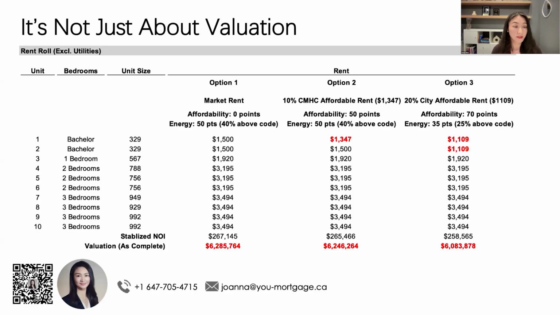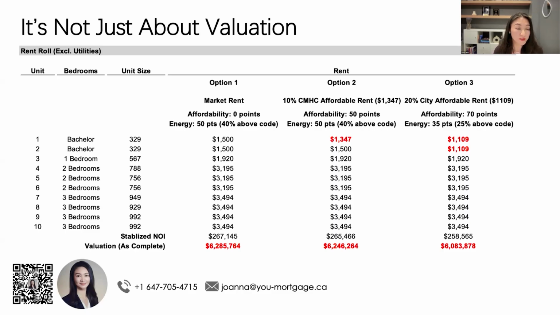For option two, by the way, the developer has already decided to do energy improvements. They will spend on this so that they will get 50 points under MLI Select. So option two is we consider the loan requirement from CMHC.